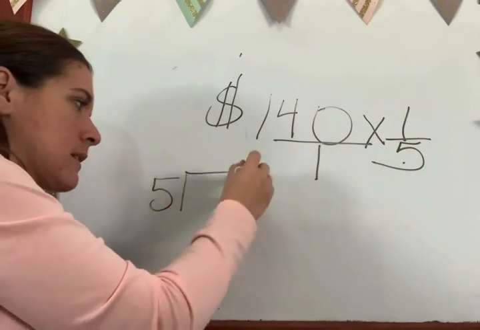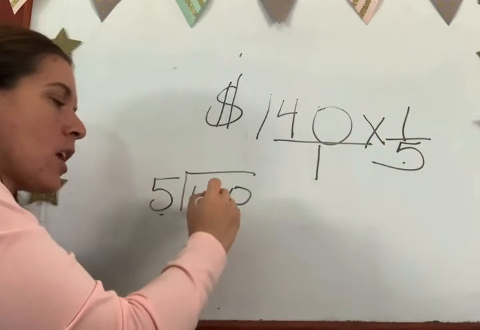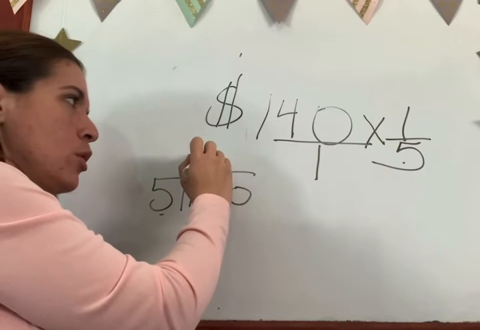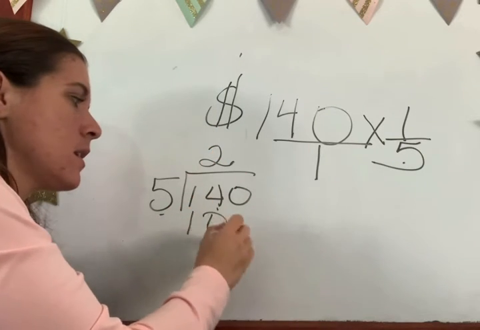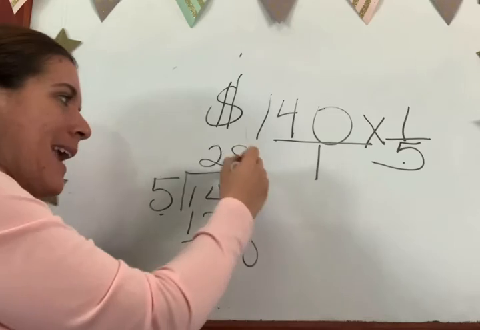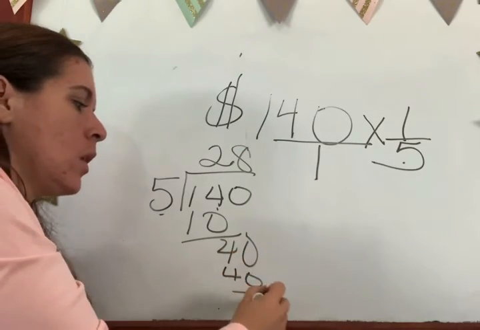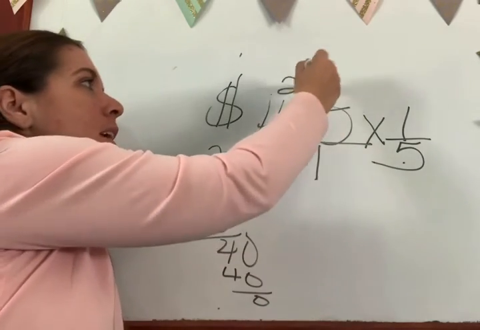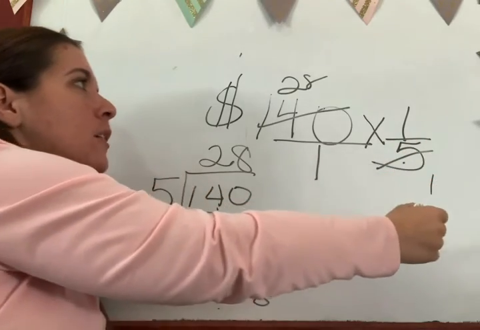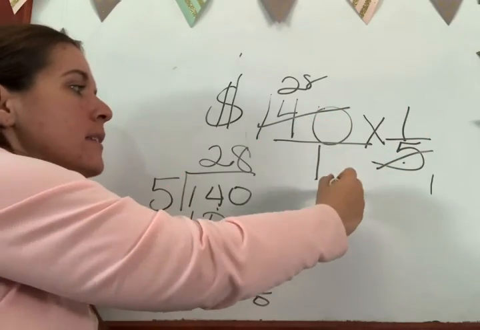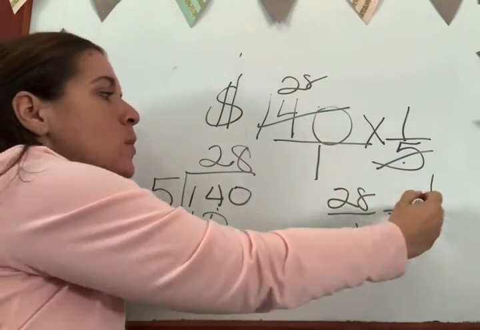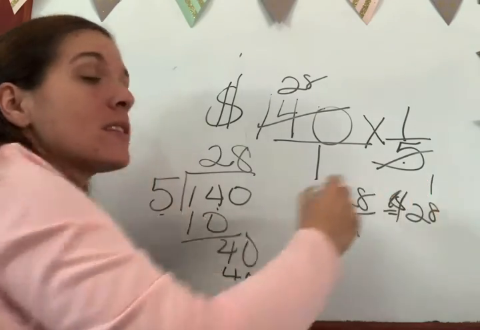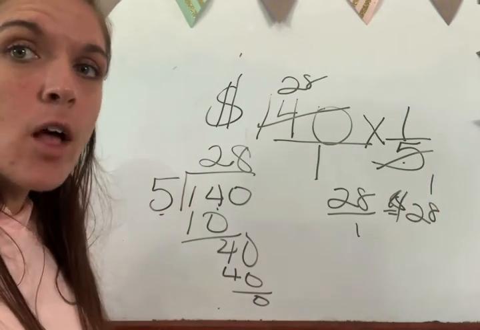Just don't know what it is. 5 into 140 is 28. So we got 28 over here, 1 over here. 28 times 1 is 28, so 28 divided by 1 is 28. Okay, guys, that means your descuento is $28 a tire.